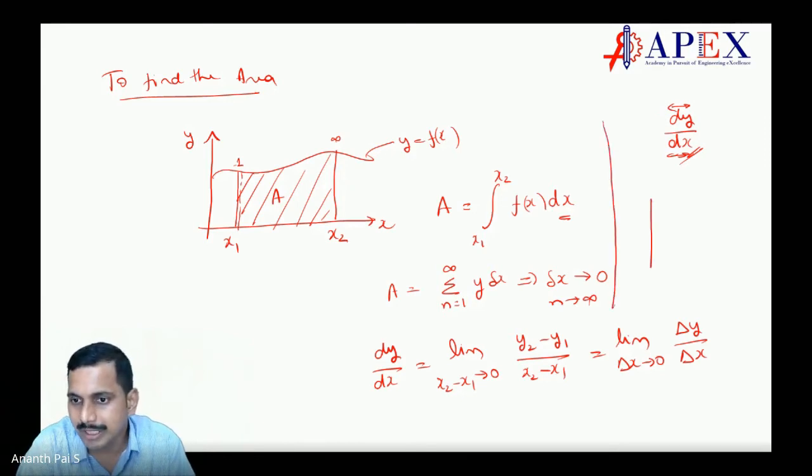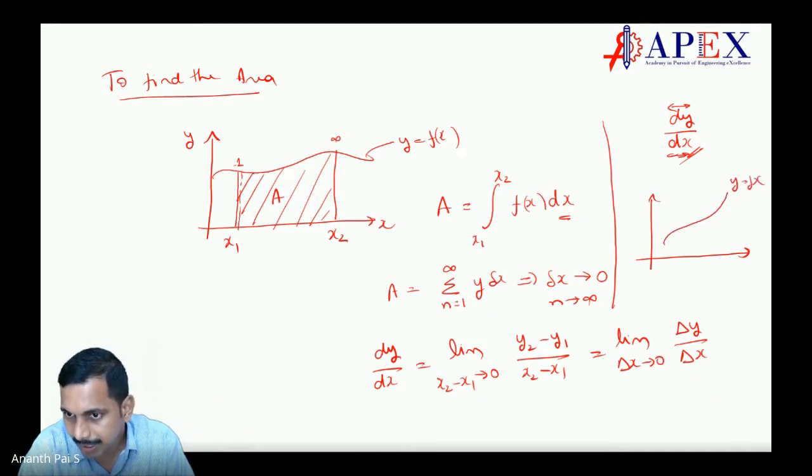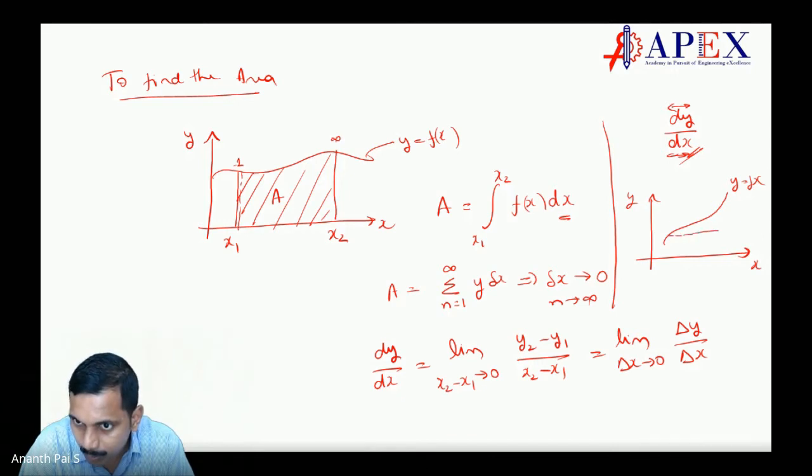Always keep in mind, whenever we consider delta y by delta x, if you have a curve y equal to f of x, with points x1, x2 and y1, y2, when you have to take a slope, you reduce this to almost 0.